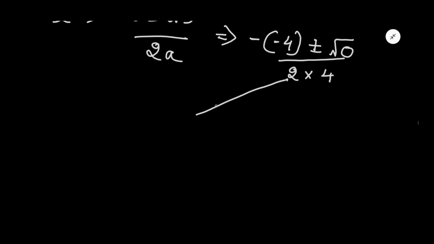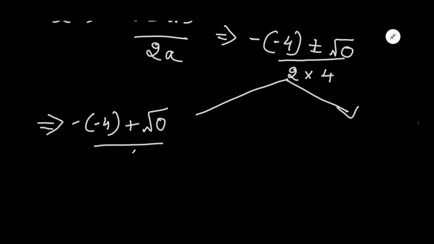So there will be two equations. The first one is minus b plus root 0 upon 8. The other is minus b minus root 0 upon 8.